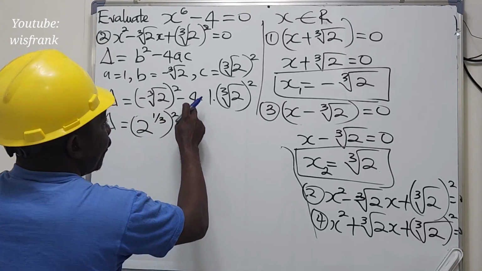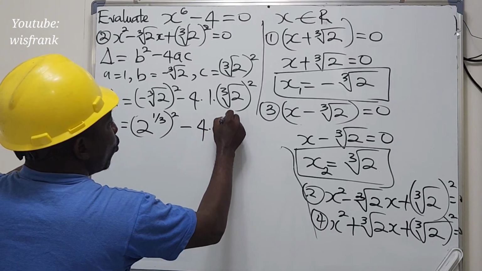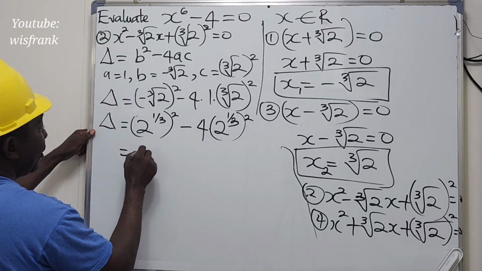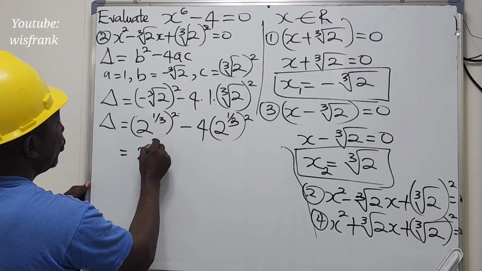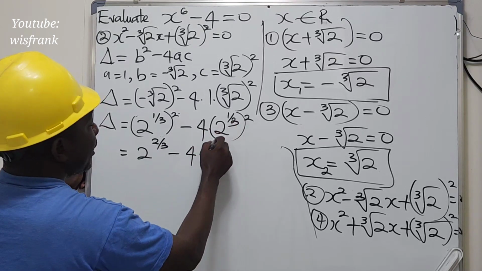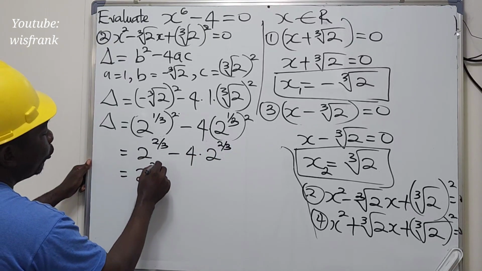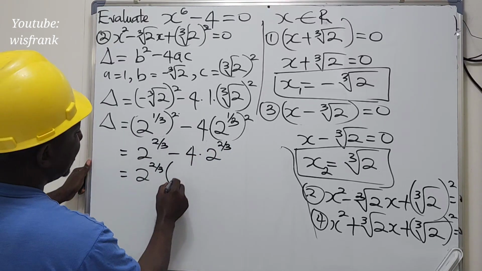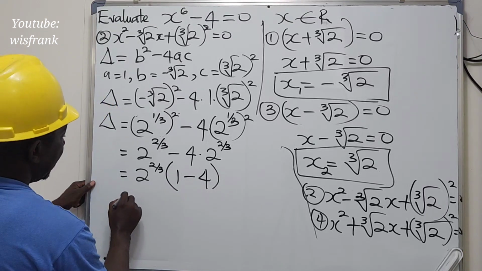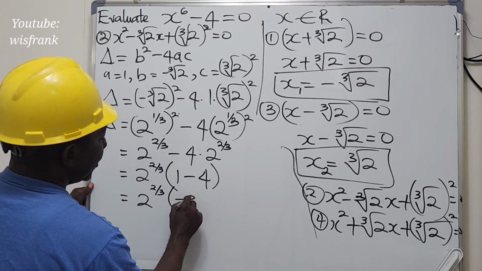Then we have minus 4 times 2 to the power of 1 over 3, all to the power of 2. So this is the same thing as 2 to the power of 2 over 3 minus 4 times 2 to the power of 2 over 3. When we factorize it, we have 2 to the power of 2 over 3 into 1 minus 4, which is 2 to the power of 2 over 3 into minus 3.